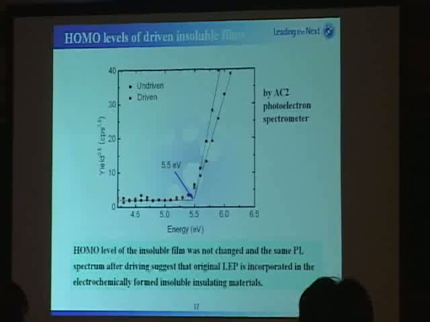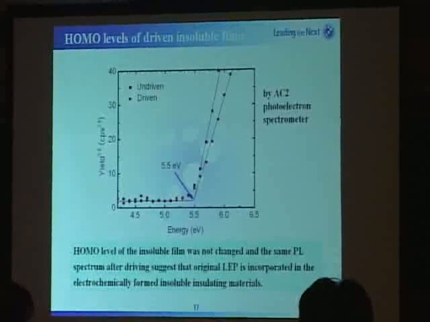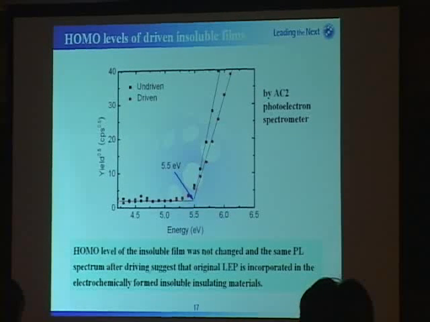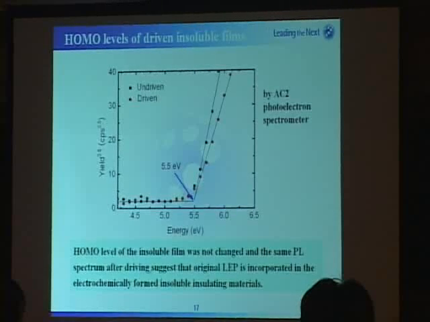We have also measured the HOMO levels of driven insoluble films by AC2 photoelectron spectrometers. The black dot is undriven, and the red dot shows the driven curves in these pictures.